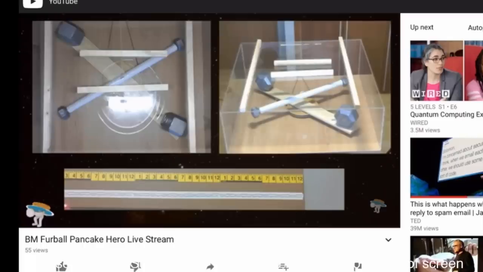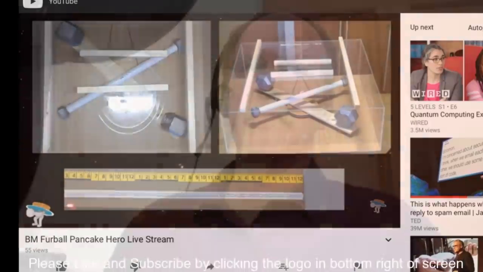It's got small weights on it. It's enclosed in a box to keep it away from air currents. It's got a laser with a graduated scale on it. And once he's got the torsion balance in equilibrium, with the large weights at 90 degrees, he can rotate them towards the small weights and get his readings.